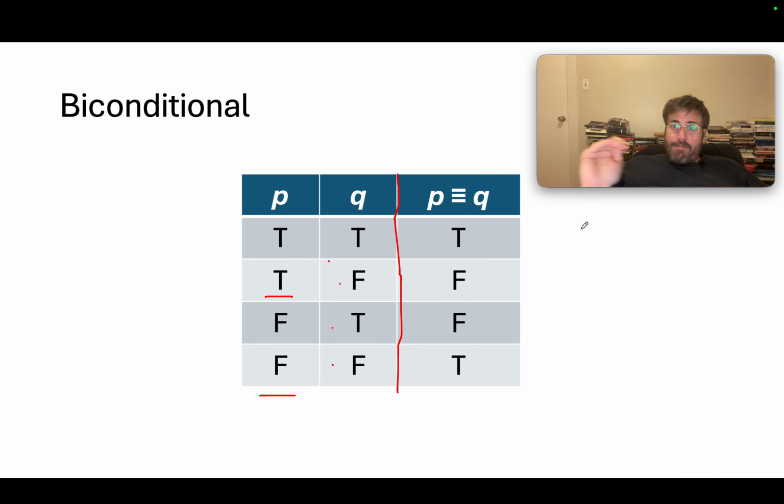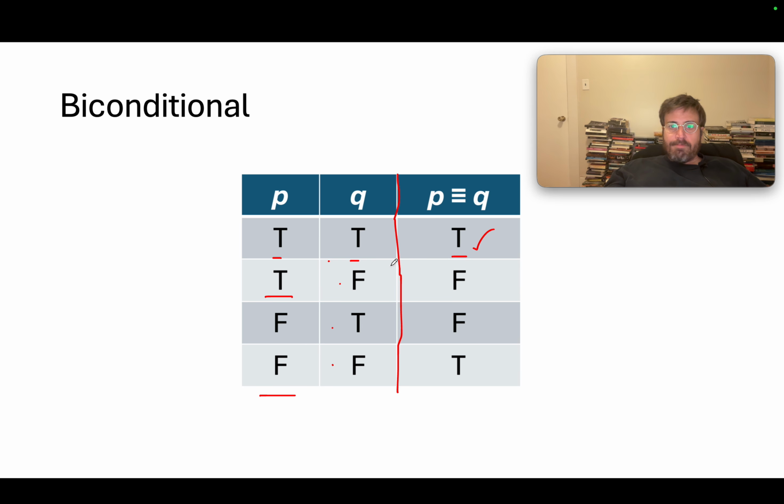That goes for if the values are both true, and it goes for when both of the values are false. So equivalent values generate a true biconditional. So in order to determine the rows, we look at our reference table, and we see that under P we have a true value, and under Q we have a true value. Because those values are the same, we know that triple bar on the first row is true.